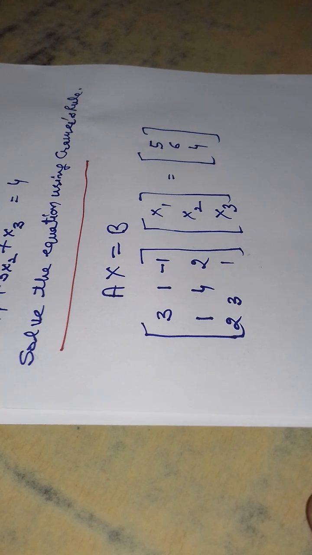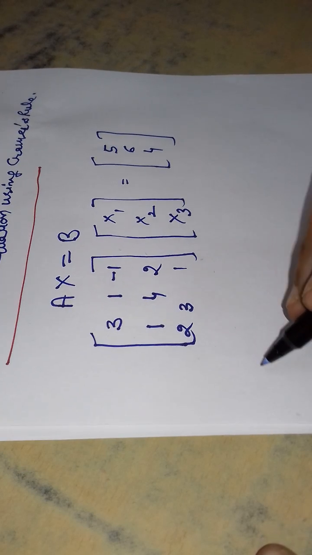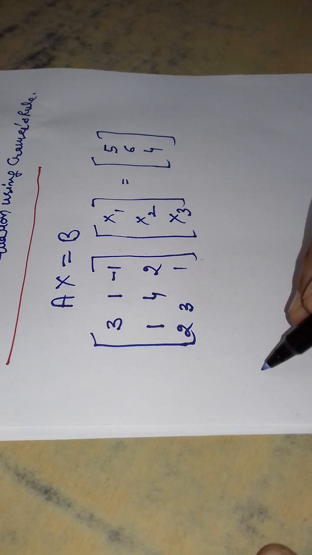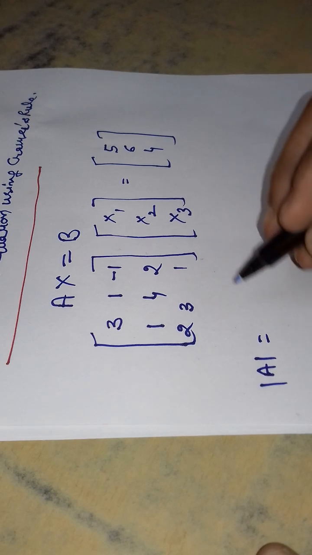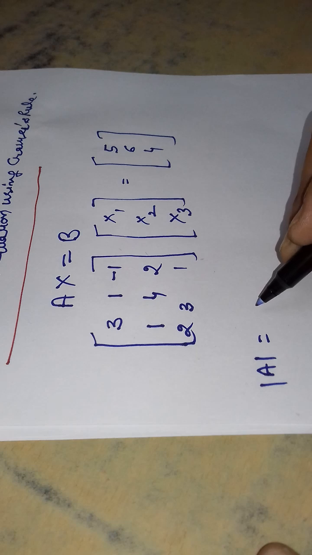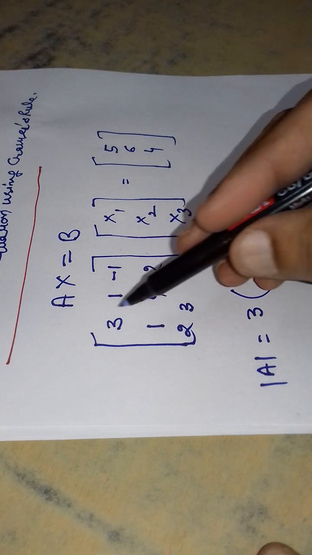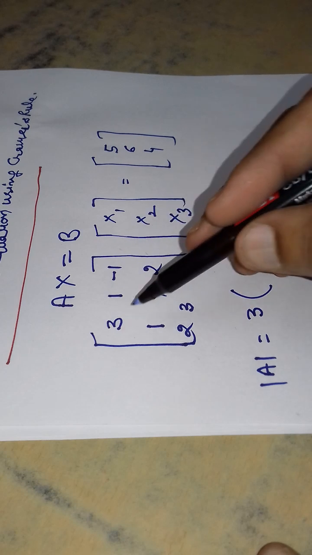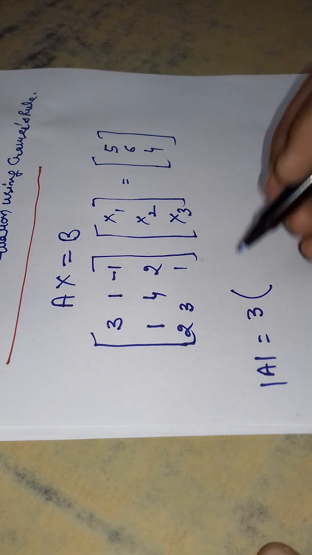Now we are solving this. Firstly, take the determinant of A. The determinant of A equals 3 times its submatrix, obtained by deleting 3's row and column, which is 4 2 3 1.